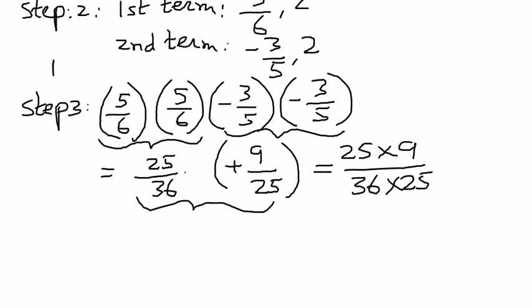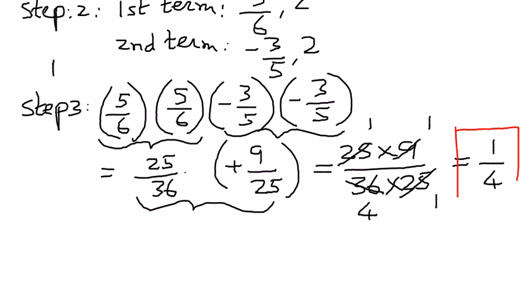We mentioned before that if we have numbers in the numerator and denominator which are multiples of one another, we can simplify them. 25 divided by 25 is 1, and 9 divided by 9 is 1, and 36 divided by 9 is 4. So what we have here is 1 over 4, and that is our answer. That is where we're going to leave it.